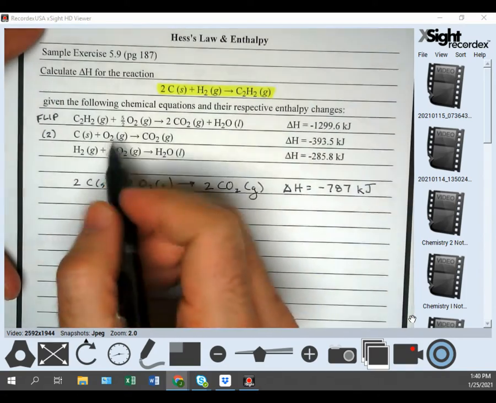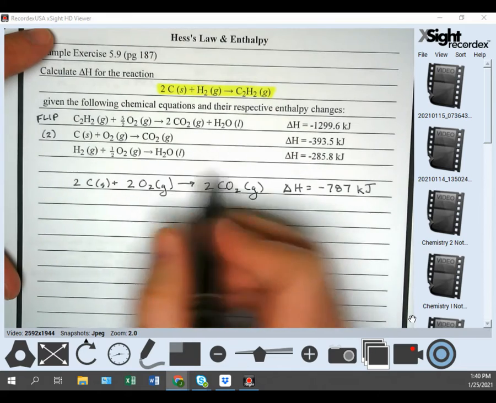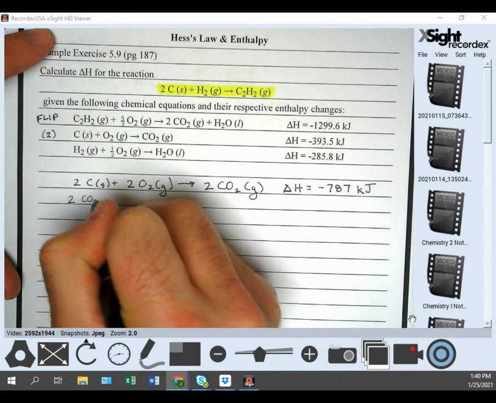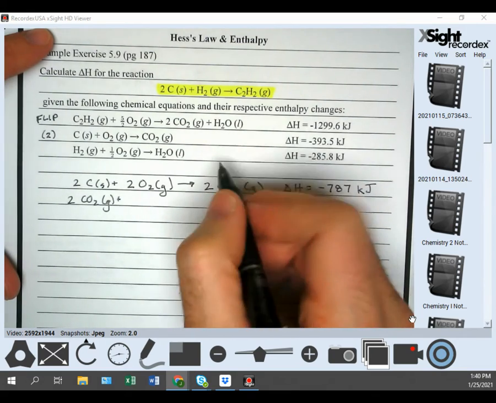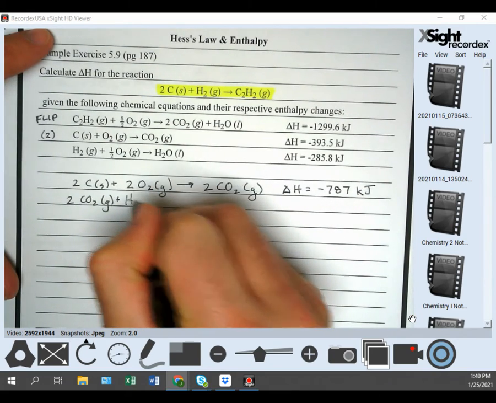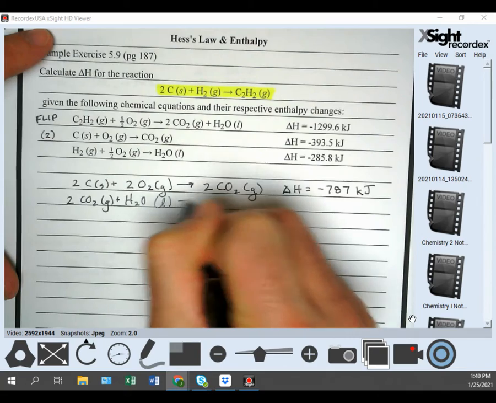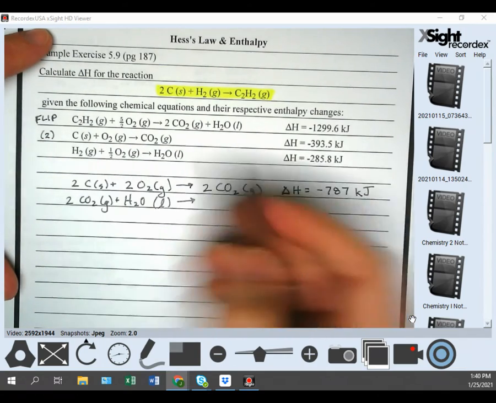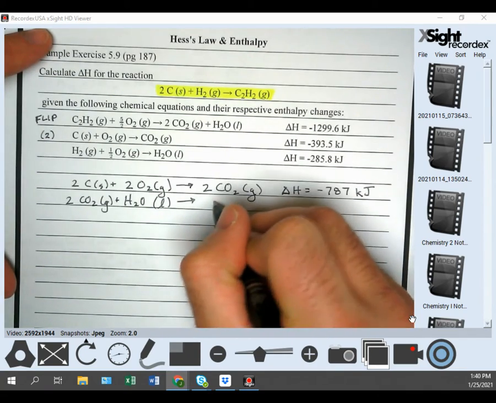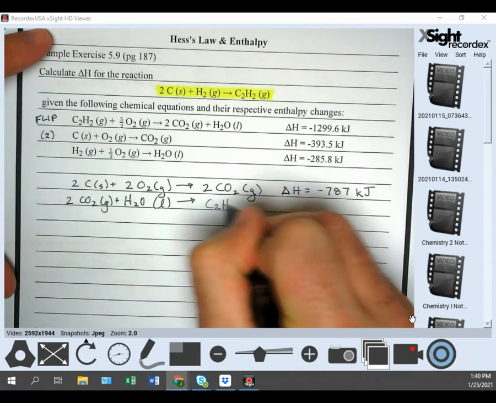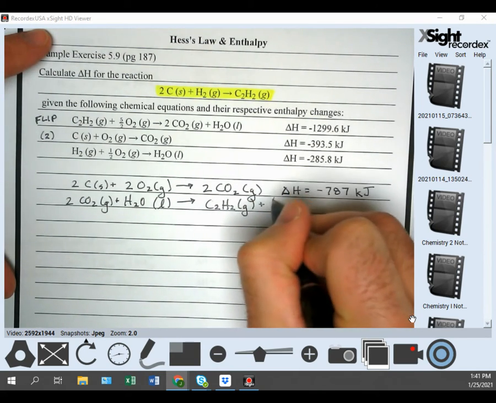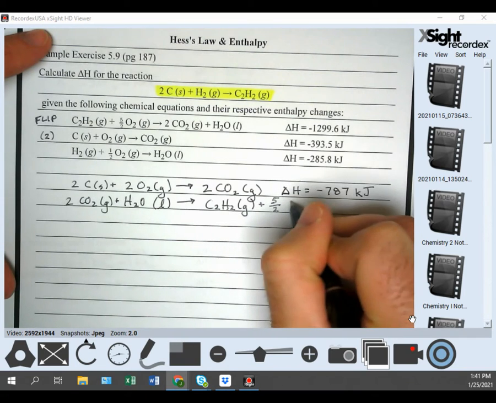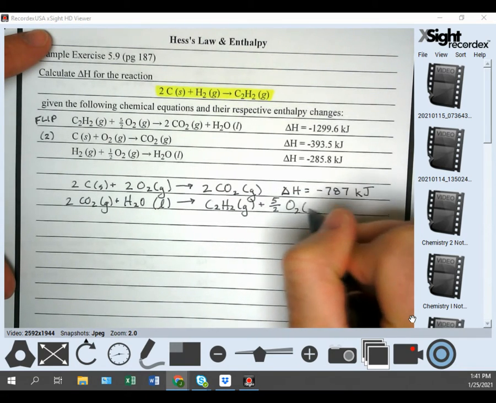So we get 2 CO2 gas plus H2O liquid. And so on the right side now, we're going to have the C2H2 gas plus 5 halves O2 gas.